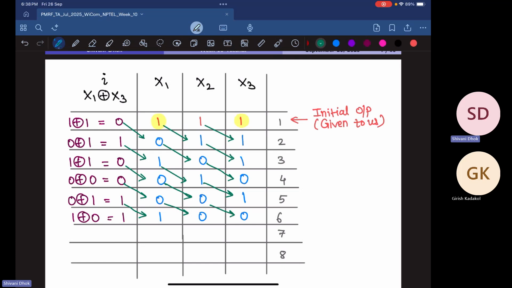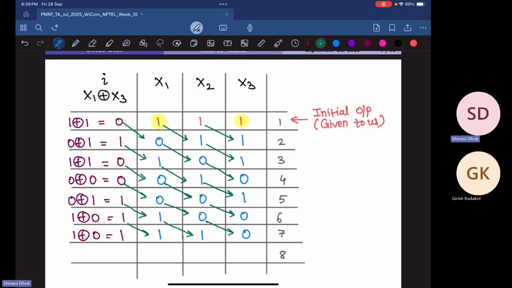Now what happens? This 1 gets translated here. This 1 gets translated here. And the 0 gets translated here. So now what we have? 0 XORed with 1. So 1 XORed with 0 will be our I, which is equal to 1.